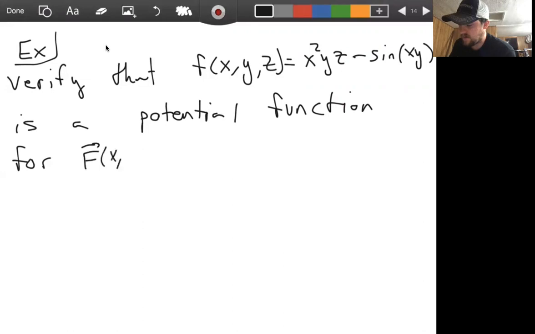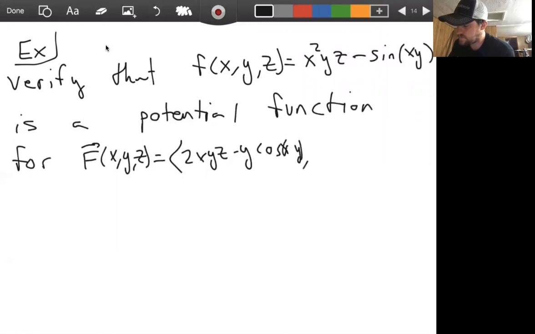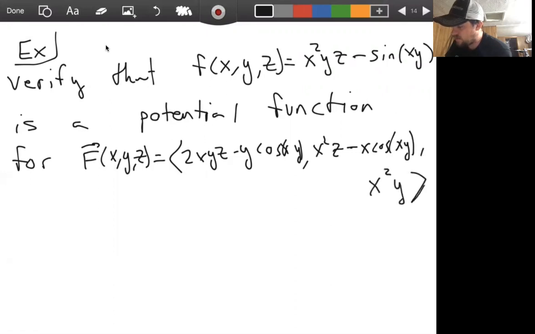F of x, y, z equals 2xyz minus y cosine xy, comma, x squared z minus x cosine xy. And then in the z component, I ran out of room, but we'll just have x squared y.